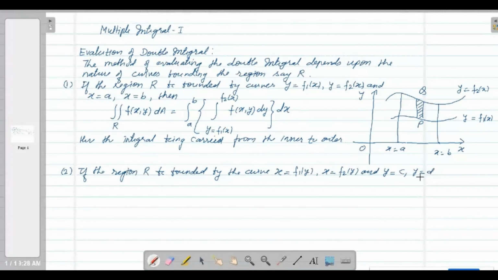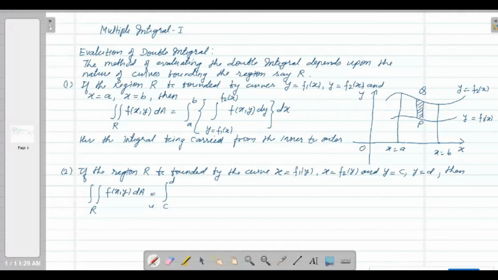Okay, then what happens? Then we will evaluate the function f of x comma y dA over the region R, and this is equal to what?